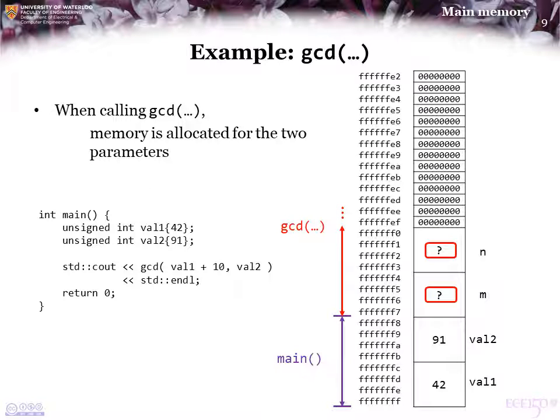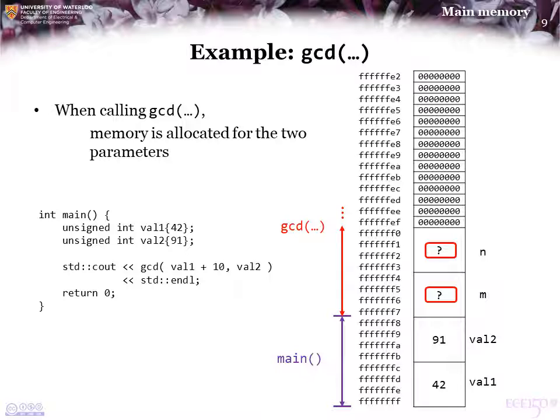When the GCD function is called, memory is allocated for 2 parameters. So memory for m appears just above the memory allocated for val2, and memory for the parameter n is assigned above that.